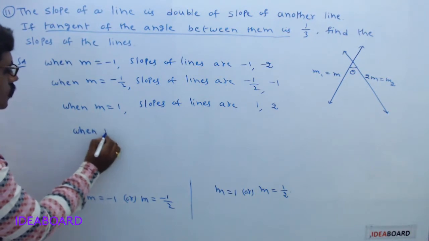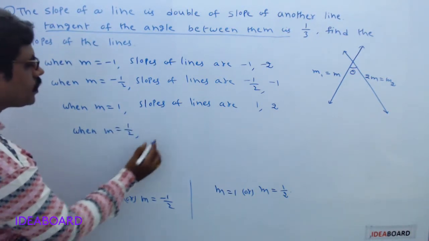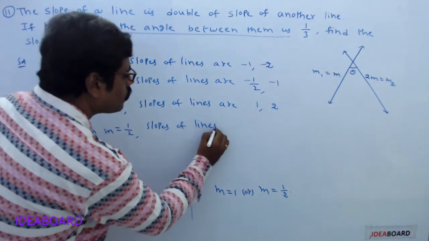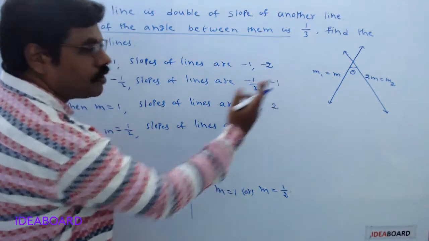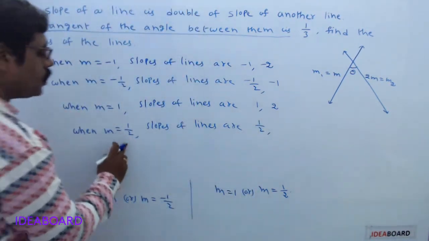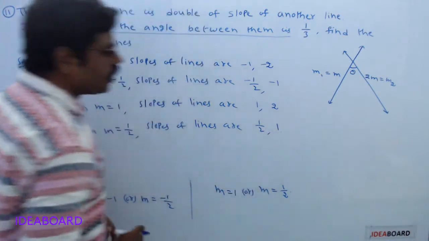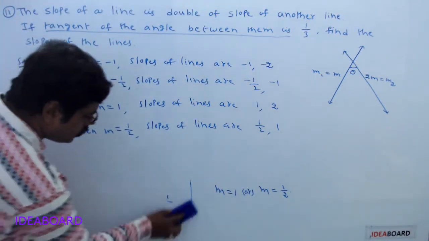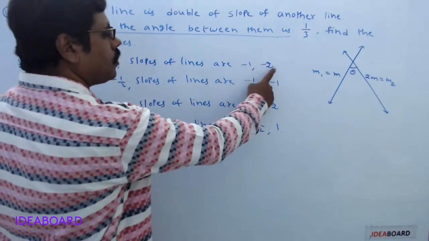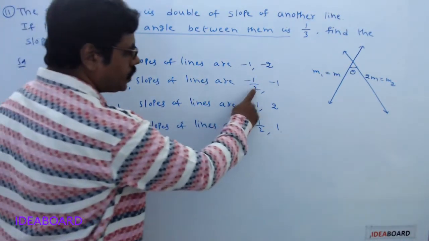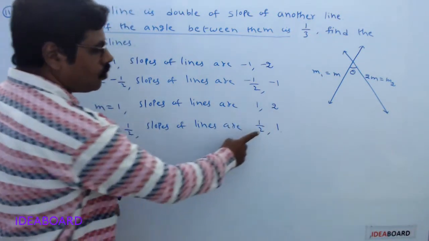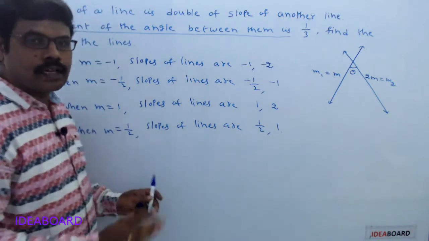When m equals half, slopes of lines are m, 2m. m value 1 by 2, so 2m is 2 into 1 by 2, that is 1. So therefore slopes of the lines are minus 1, minus 2; minus 2, minus 1; 1, 2; 1 by 2, 1. That's it.